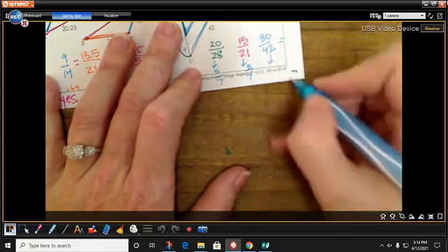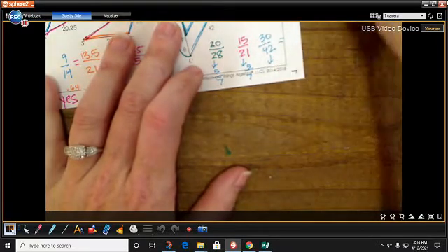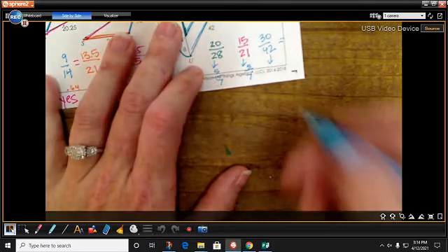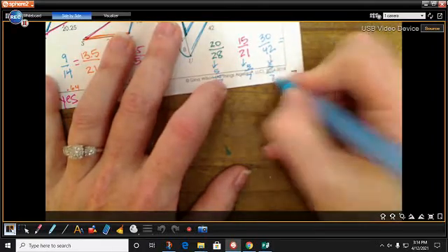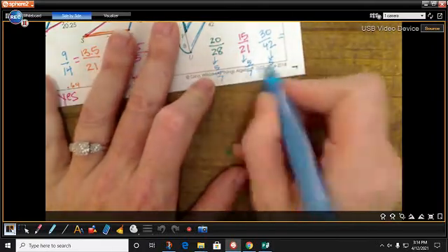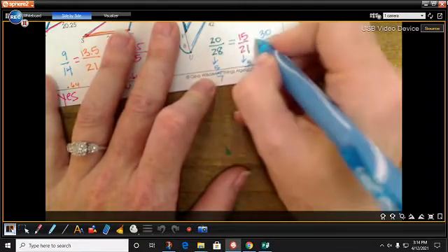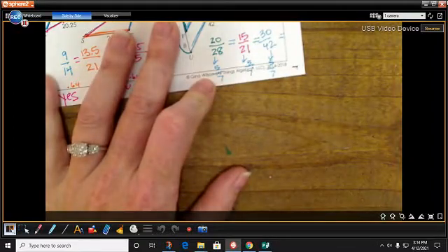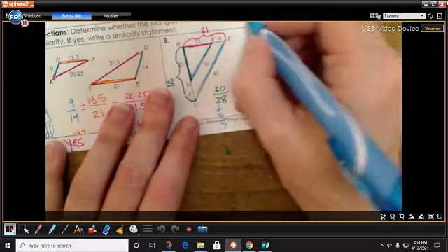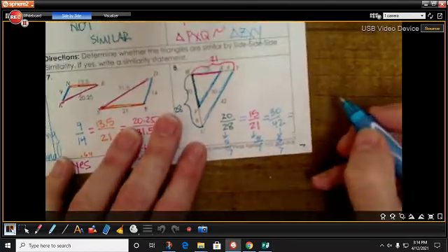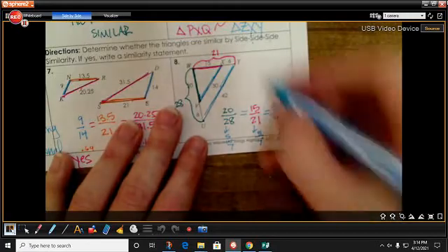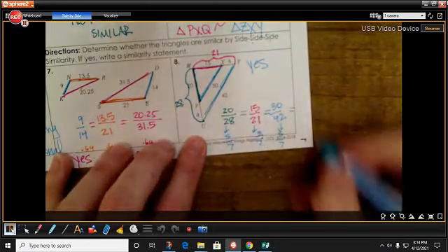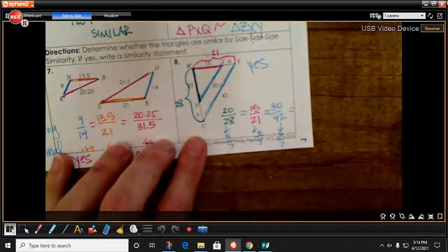And this one simplifies, both of these divide by 6, which will be 5/7. So all of these simplify to the same fraction, which means the sides are all proportional. And so then, yes, by side-side-side similarity, I have all the sides proportional, so I can say that, yes, these are two similar triangles.